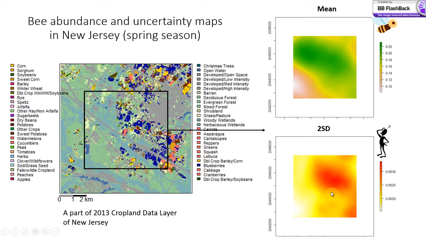As you can see, this is the region of high uncertainty, and this is a low uncertainty area. So even though there is a high relative bee abundance index we can find here, our uncertainty is relatively high.